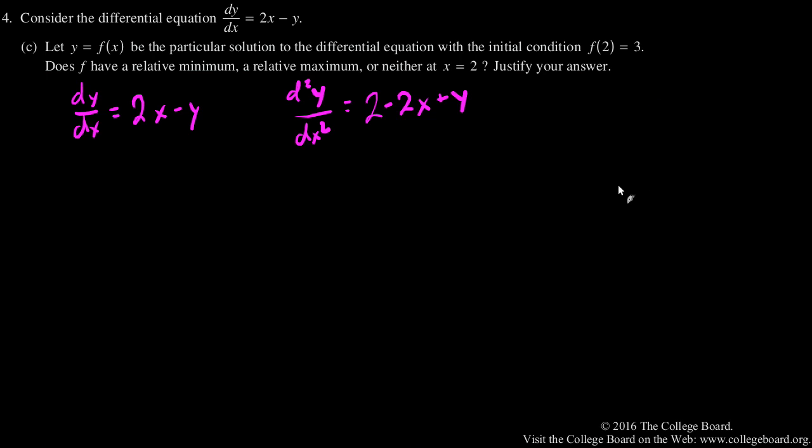And if the first derivative isn't 0, we won't have a maximum or a minimum. If the second derivative is equal to 0, or undefined, we'd have to do something different to figure it out. But let's look and see what happens.